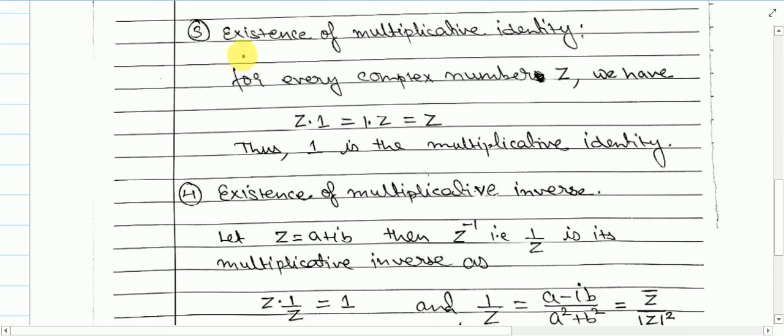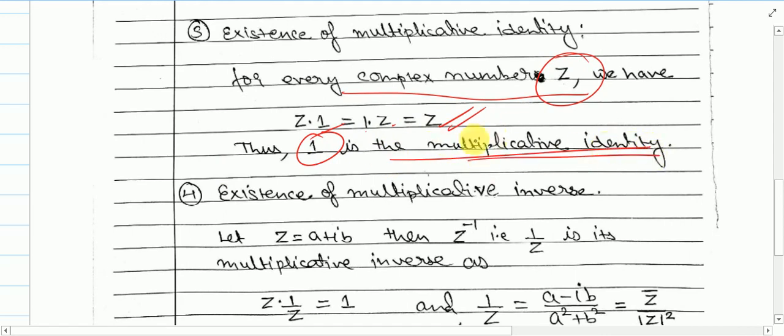Now next is existence of multiplicative identity. For every complex number z, if you have z into 1 or 1 into z, your answer will be z only. So 1 is multiplicative identity for complex numbers.